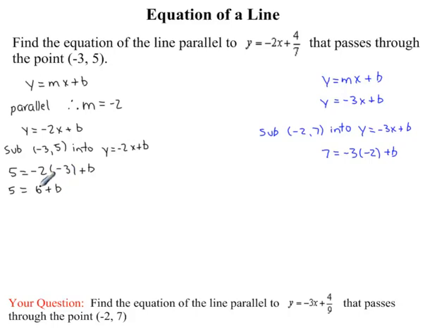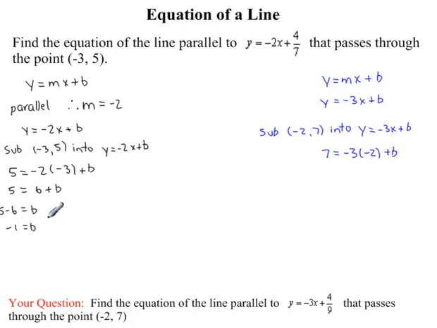Isolating for b, we need to bring this 6 to the other side of the equal sign, and it'll turn negative. So we will have 5 minus 6 is equal to b. And then simplifying this even further, 5 minus 6 is negative 1 is equal to b. So our y-intercept, or our b variable here, is negative 1.